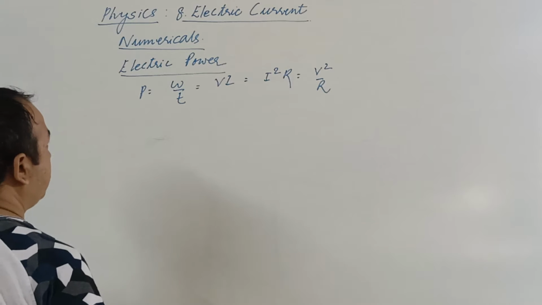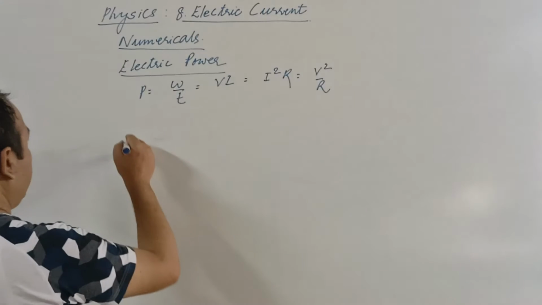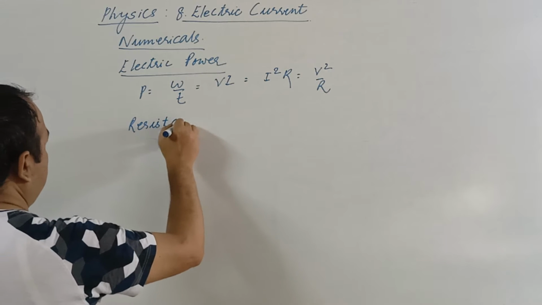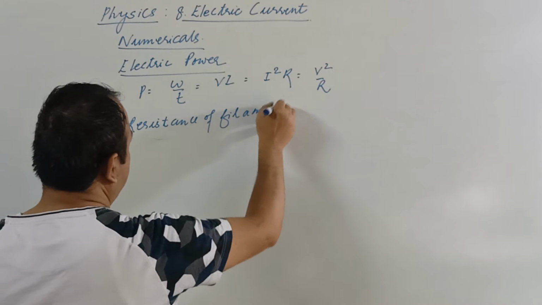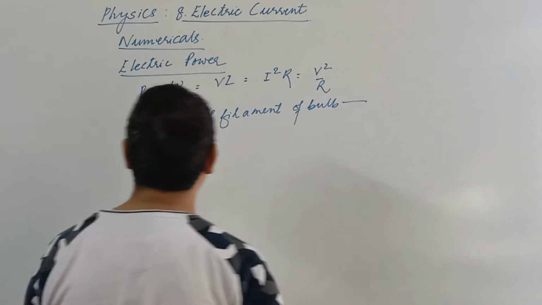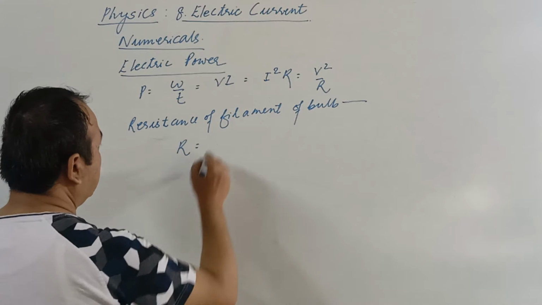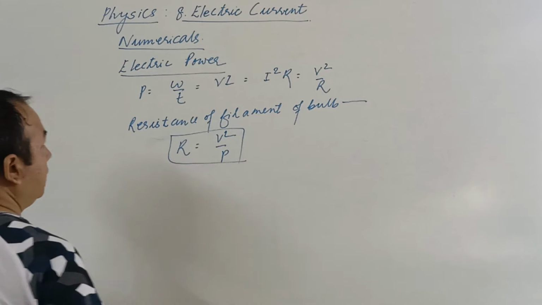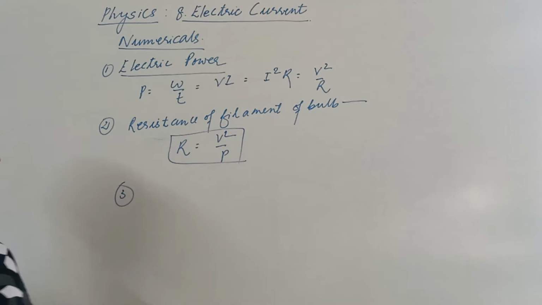Next is safe current and the resistance of the filament. When the rating of the bulb is given, we can calculate the resistance of the filament of the bulb by applying the formula V square by P. And number 3, safe current.